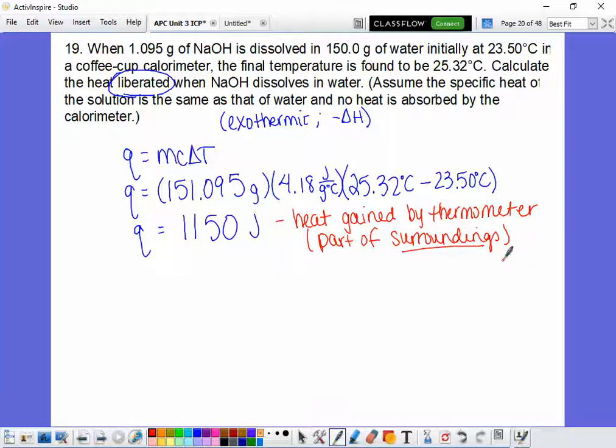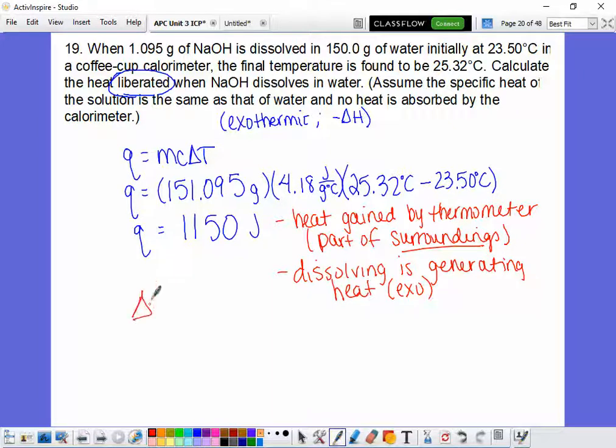Okay, so the reaction, we already said the reaction is exothermic. The reaction, or the dissolving, is generating heat, or liberating heat. It's exothermic. How much heat is it liberating? 1150 joules. So therefore, to actually calculate the delta H of this solution, it's going to be negative Q of the thermometer.